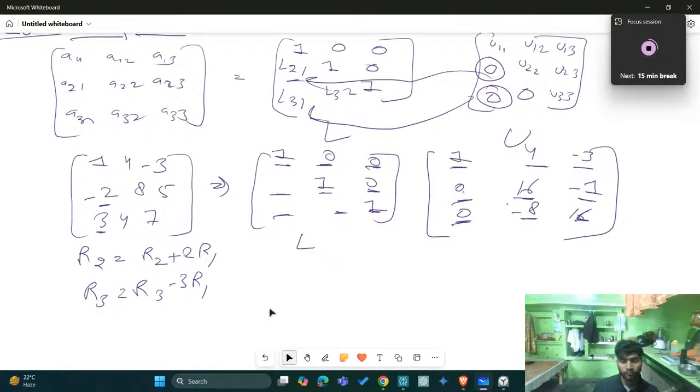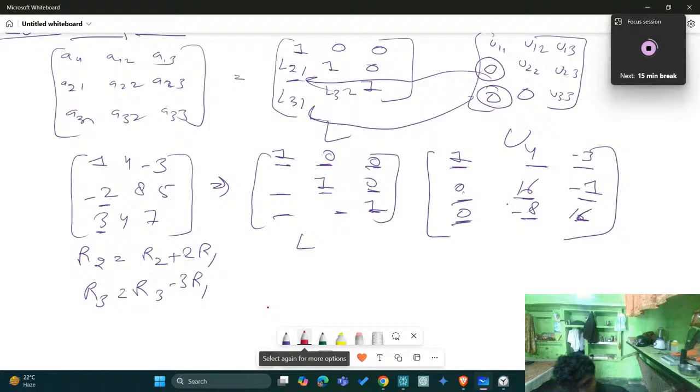Then for these parts, what we are doing is just changing the sign. What constant we have used to make this zero and to make this zero, we just change the sign and put minus 2 here and plus 3 here.